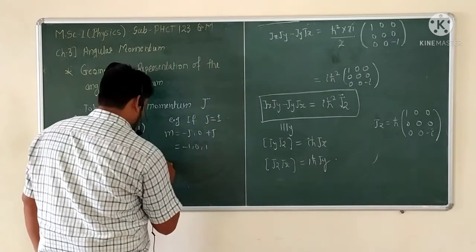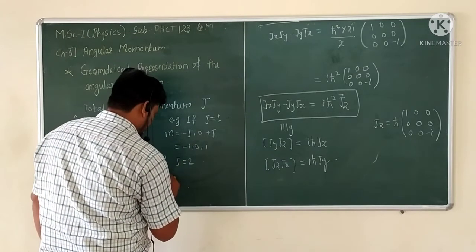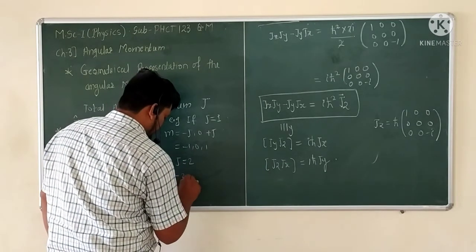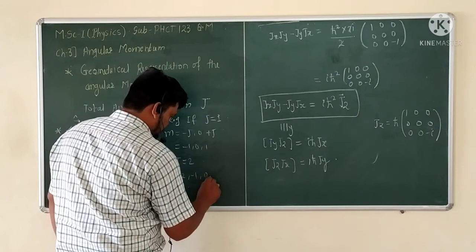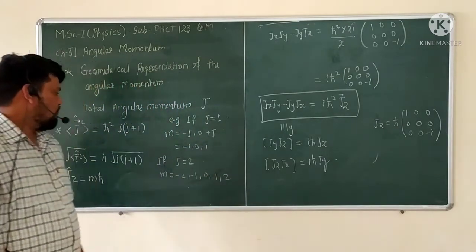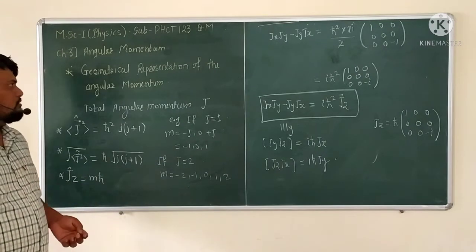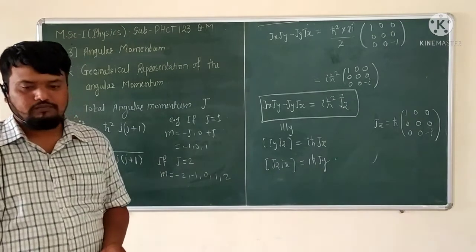If j is equal to 2, then m is minus 2, minus 1, 0, 1 and 2. Using this, we want to show the geometrical representation of the angular momentum.